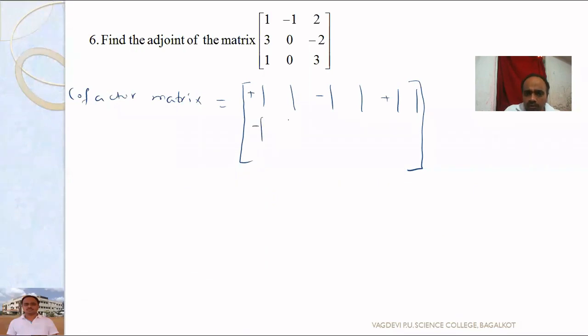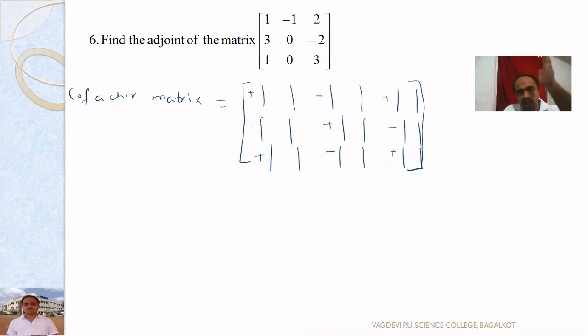Then minus, minor, plus, minor, minus, minor. Again plus, minor, minus, minor, plus, minor. Minor means the determinant obtained by deleting the row and the column where that element is.